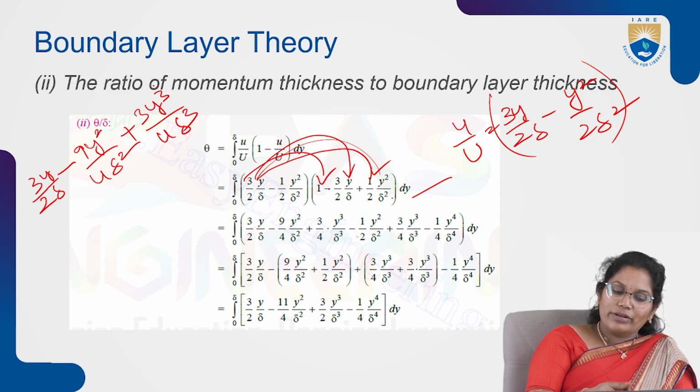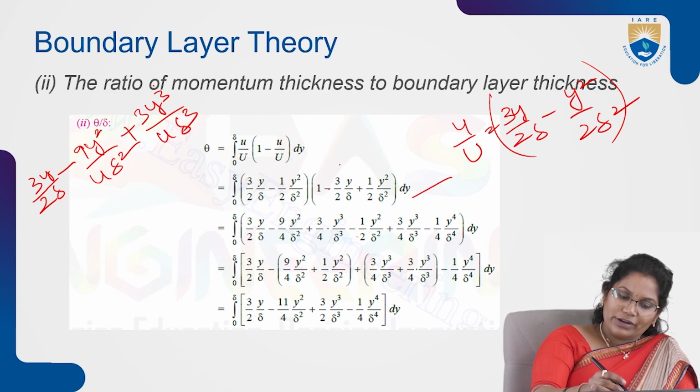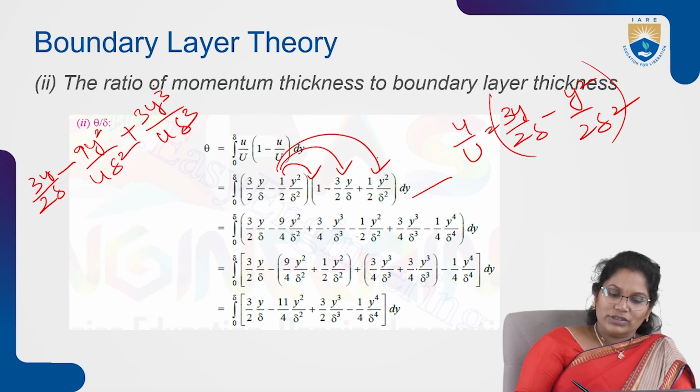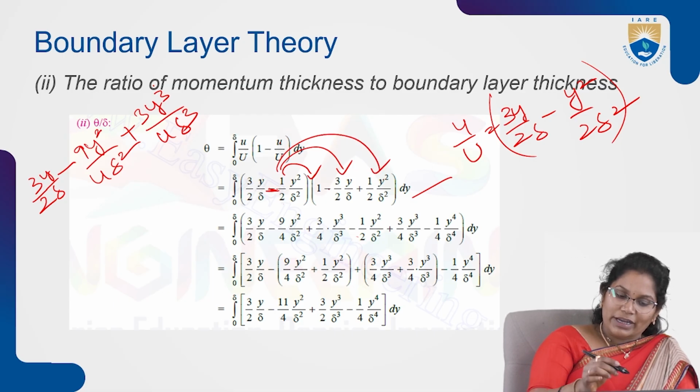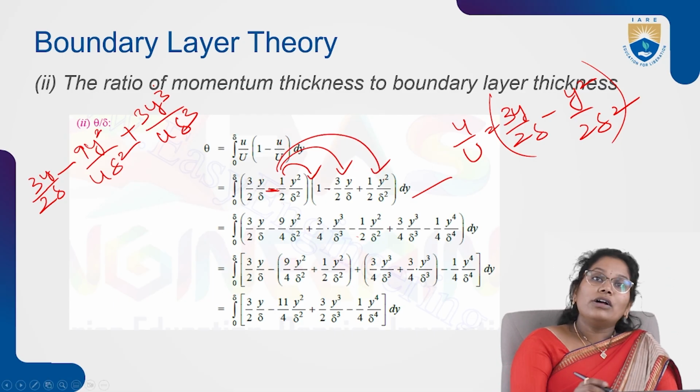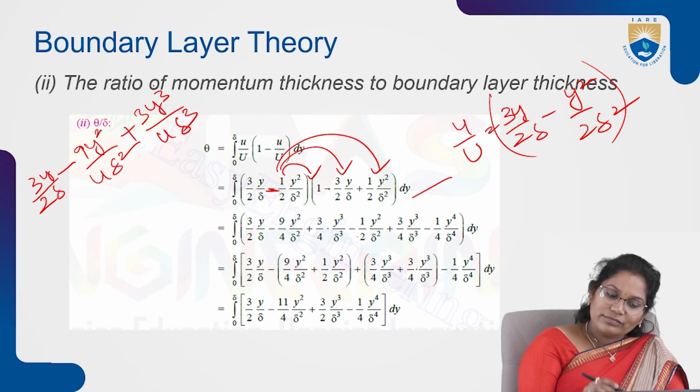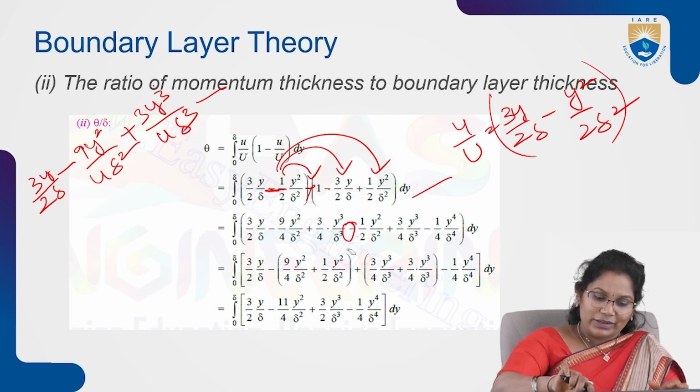Now this first one is completed. Now I take the second value and multiply it with these three values. Here the sign is minus, so minus into minus is plus.